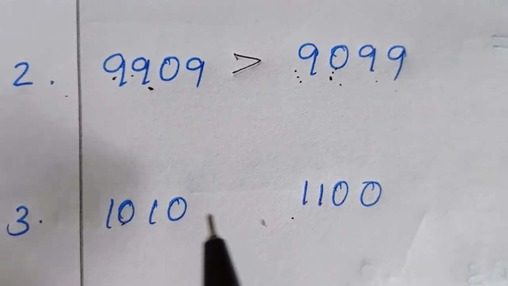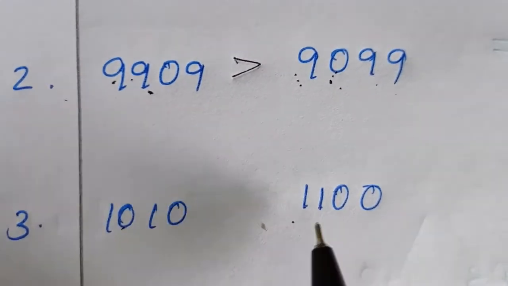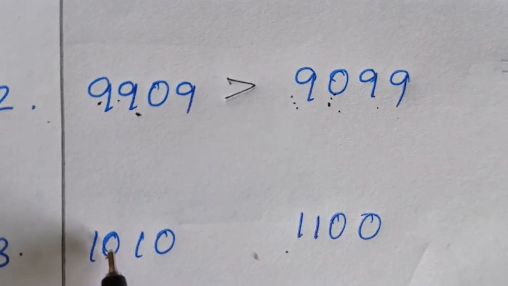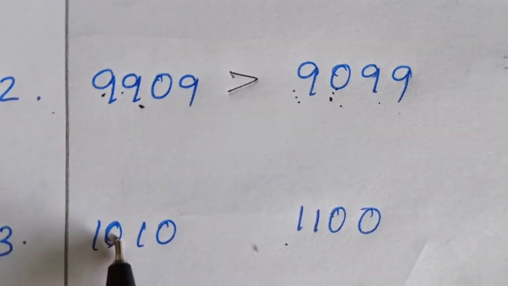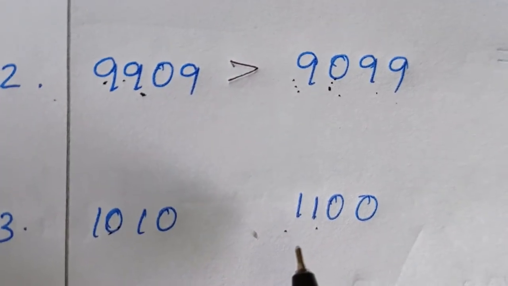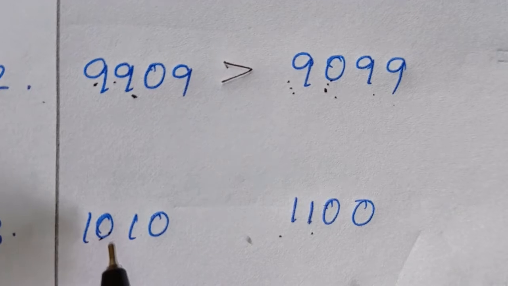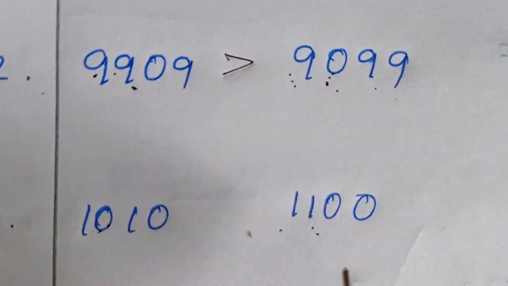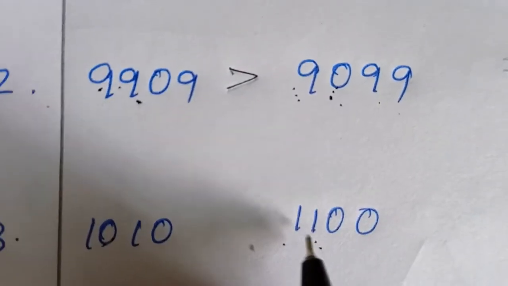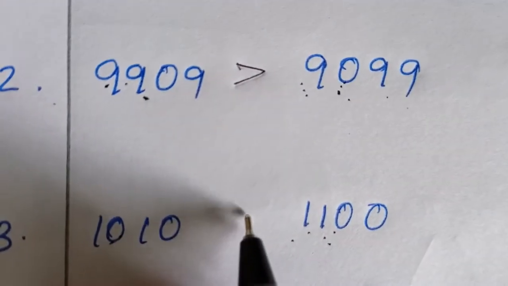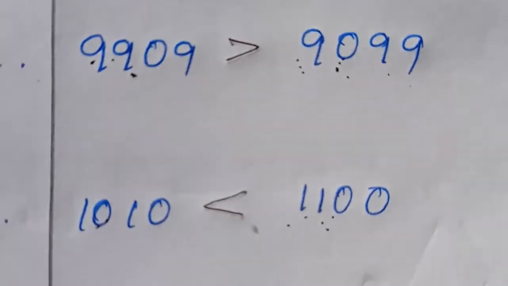So go and check the hundreds place value for both numbers. The first number's hundreds place value is 0 and the second number's is 1. Which one is greater, 0 or 1? 1 is greater. So we know that 1100 is greater than 1010.